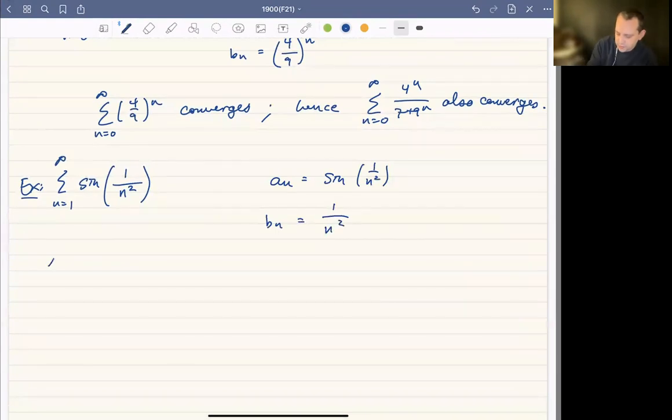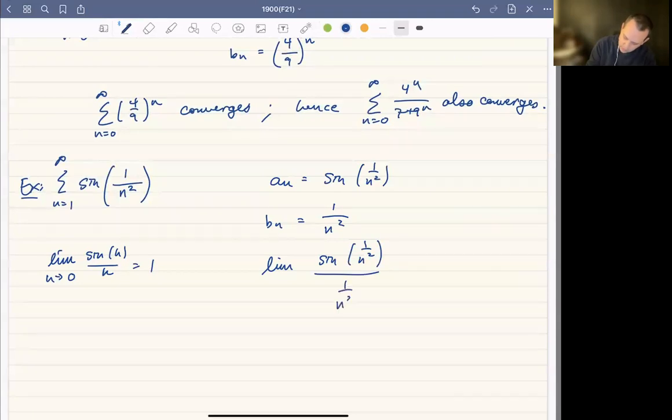What I'm thinking about is that when you take the limit as h, or theta, or whatever, goes to 0 of sine of h over h, this is going to be 1. And so if we take sine of 1 over n squared divided by 1 over n squared as n goes to infinity, 1 over n squared goes to 0.